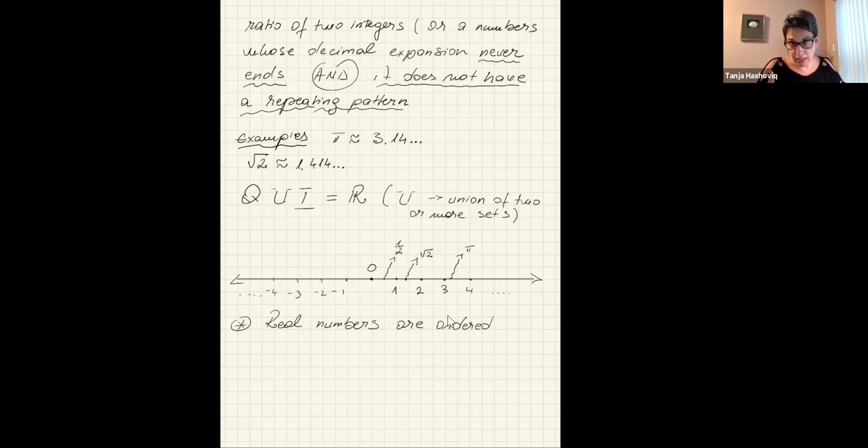That means given any two real numbers, one is less than the other, or they are equal to one another. So if A and B are any two real numbers, then the possibilities of A being somehow ordered are 3.